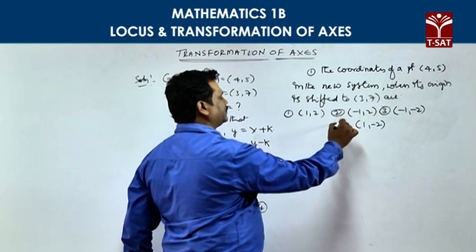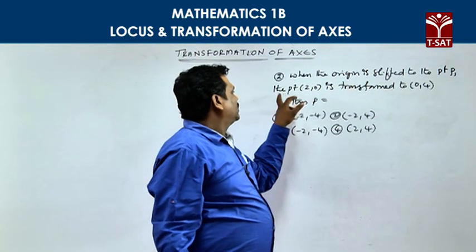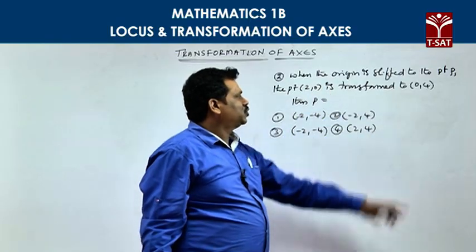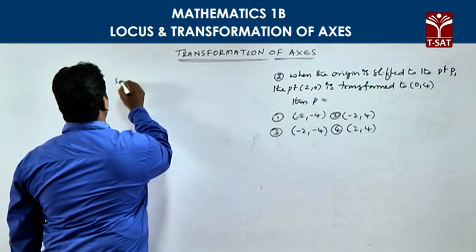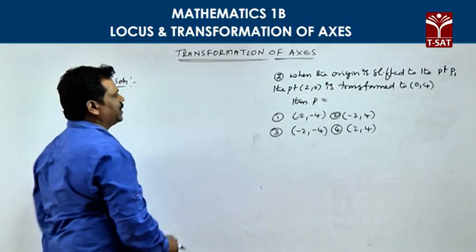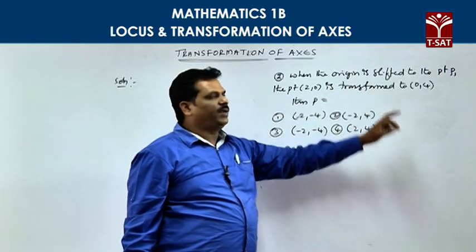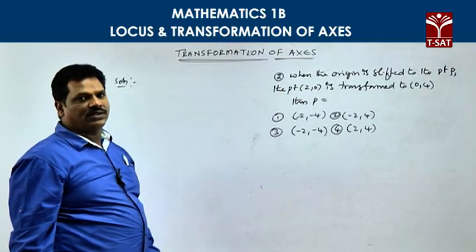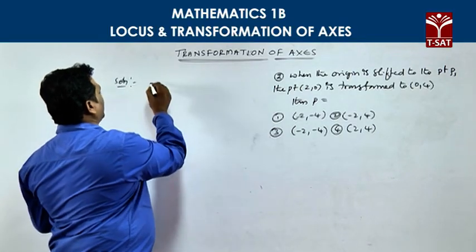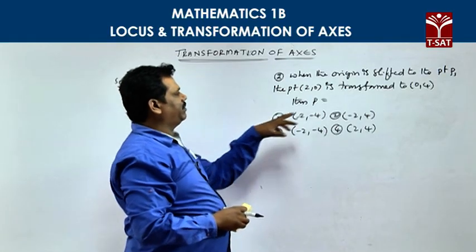When the origin is shifted to the point P, the point (2, 0) is transformed to (0, 4). What are the given things here? The origin is shifted to (h, k), and P means (h, k).